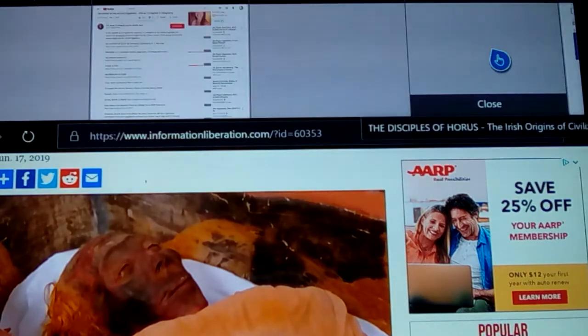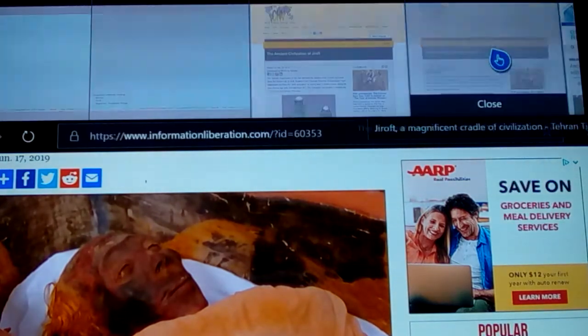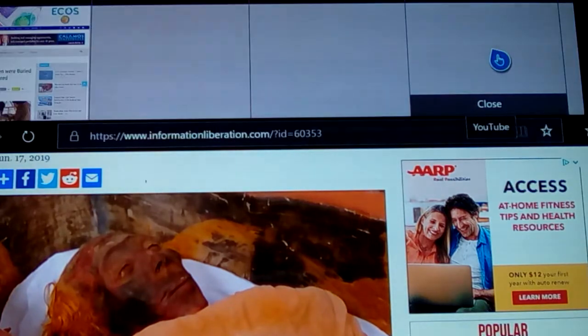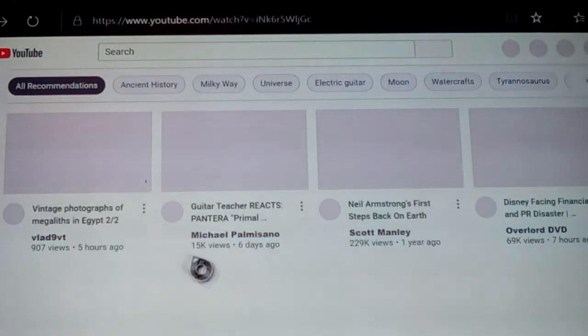I'm guessing that, and it should be right off in here, and I'm guessing it's the one that says YouTube. Let's see if it goes to it. It's trying not to.